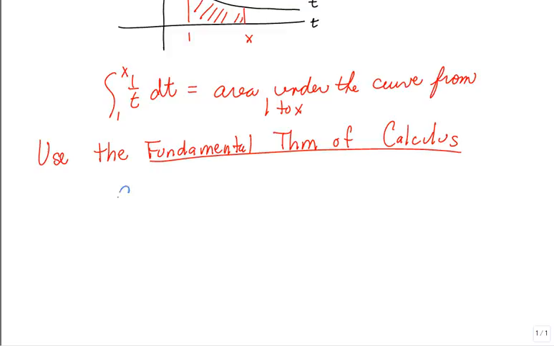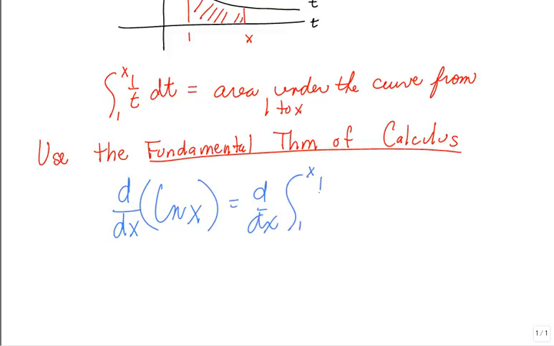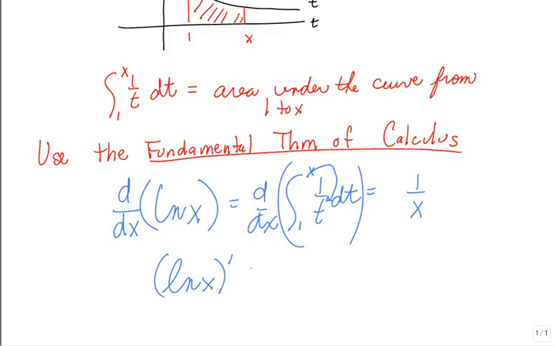So we get the derivative of, oh, sorry, the derivative of ln x is the derivative of the integral from 1 to x of 1 over t dt, and that's 1 over x. Remember, you just replace t with x when you take the derivative of an integral. So this shows us that the derivative of ln of x is 1 over x, and that's important.